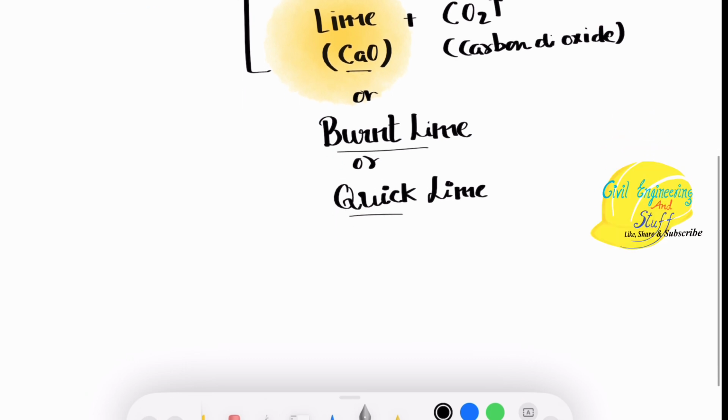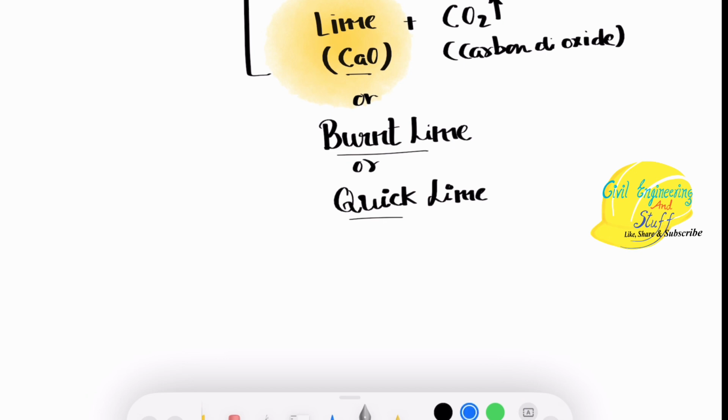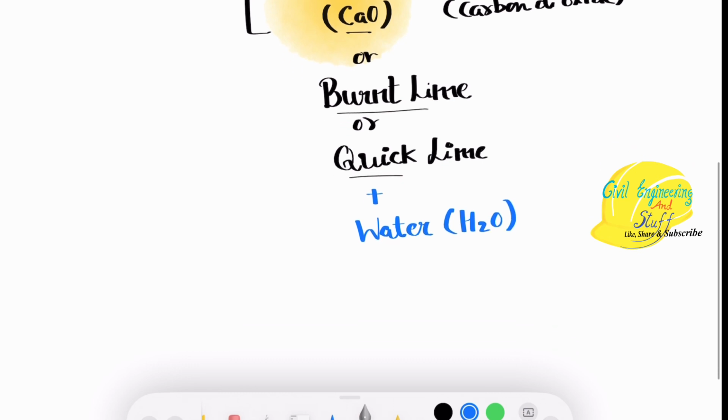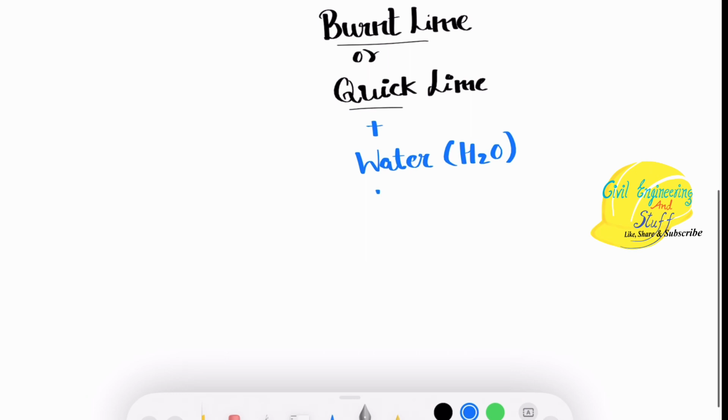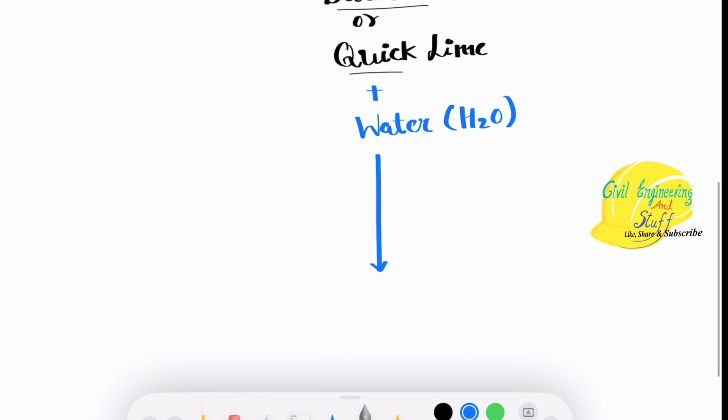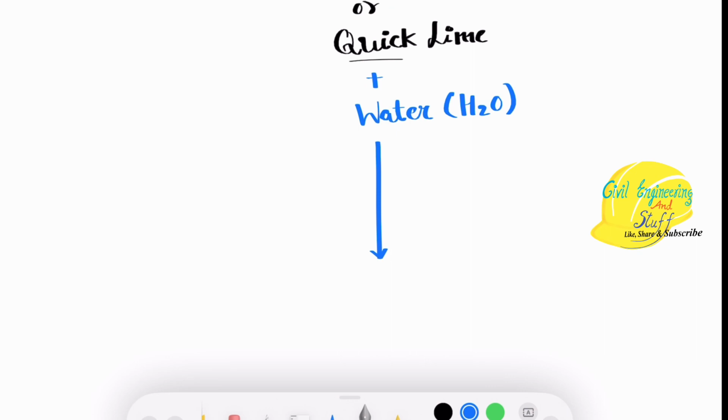Okay, now when this lime, or quicklime or burnt lime, is added with water, an exothermic reaction takes place, and through this, the lime that we obtain is what we call slaked lime.